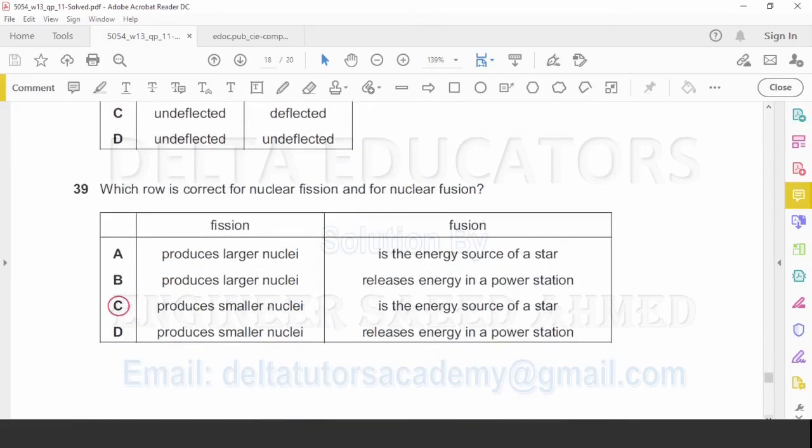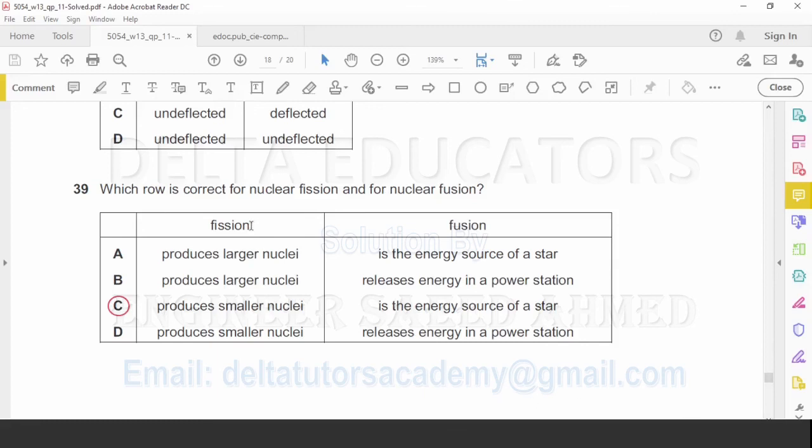Question number 39. Which row is correct for nuclear fission and for nuclear fusion? What is fission? In fission, a nucleus is divided, a nucleus is split into smaller nuclei, whereas in fusion, two smaller nuclei are united together to form a bigger nucleus. Now we check the options.